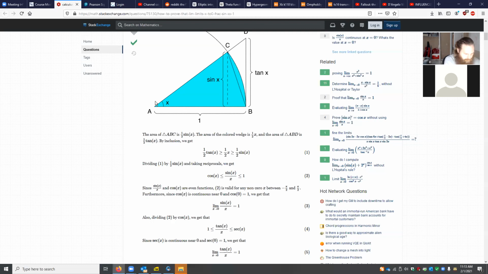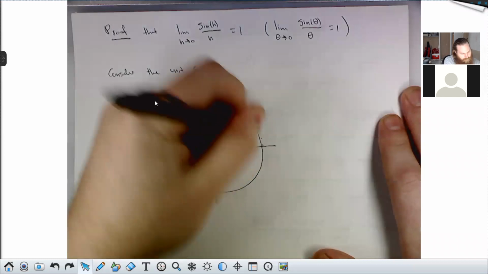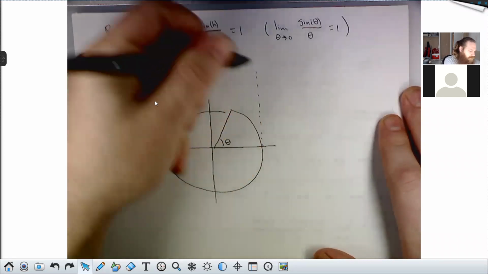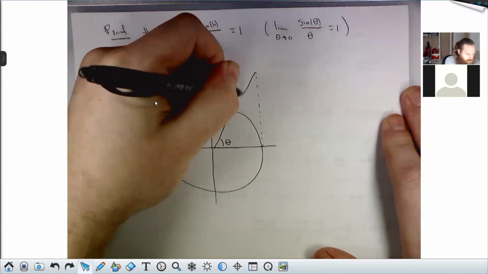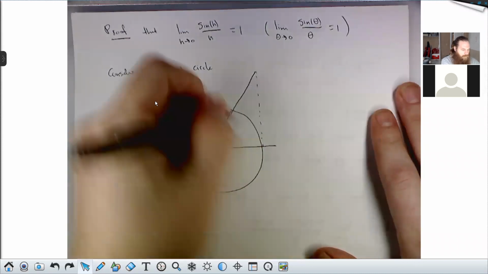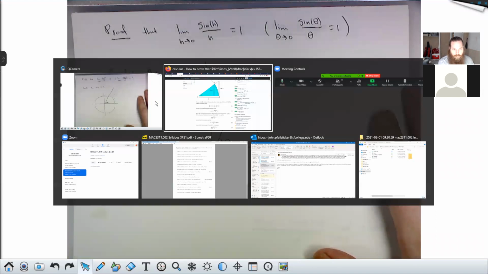So if I come back over here, I can draw the vertical up here. And I can draw the little guy here. Which one are we going to use?